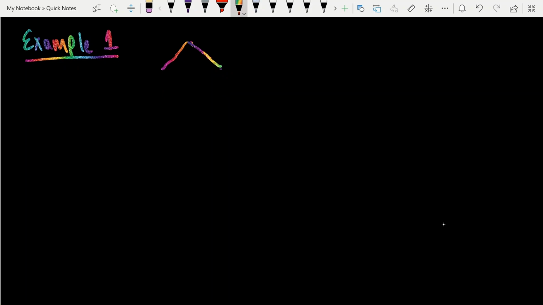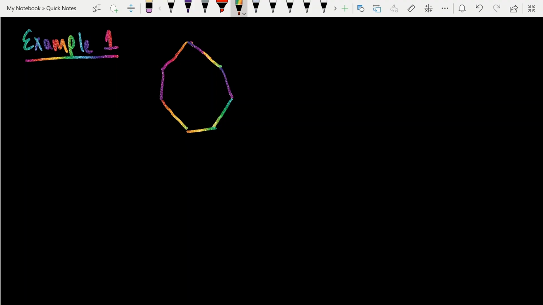I'm not drawing it properly. Goes down, then here it should go down, and then it goes down, here it goes down, then these two lines join. Okay, something like this, right?